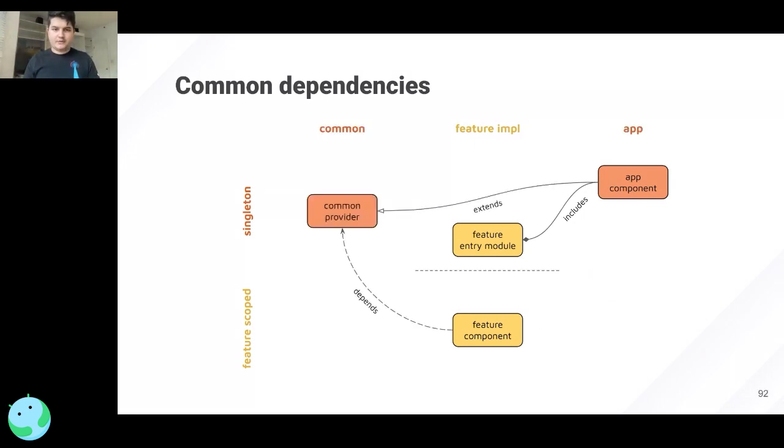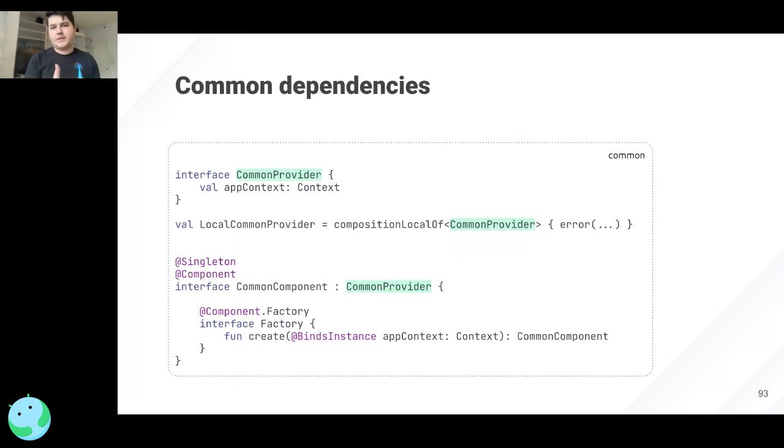However, we can create, for example, another common Gradle module, which will be a library module, and we will have a provider, and it will work pretty similarly, where the provider will be just an interface, which will be put into the common module.